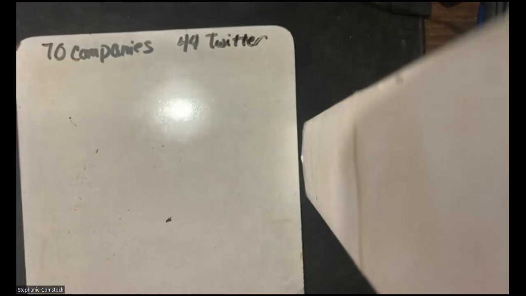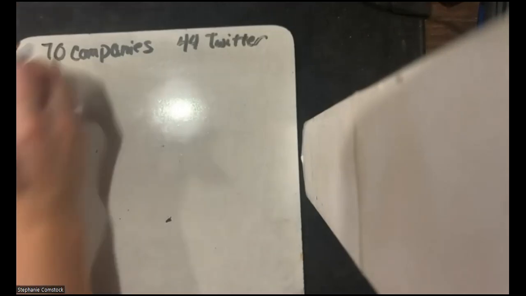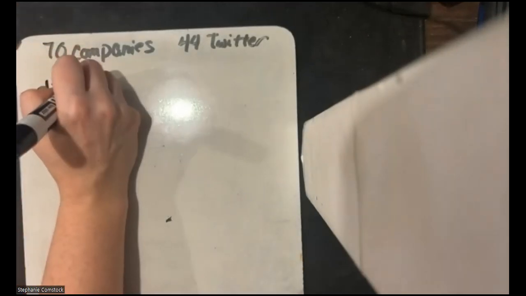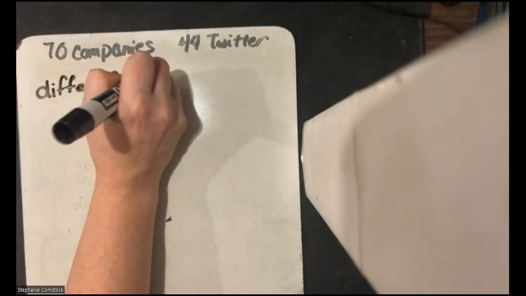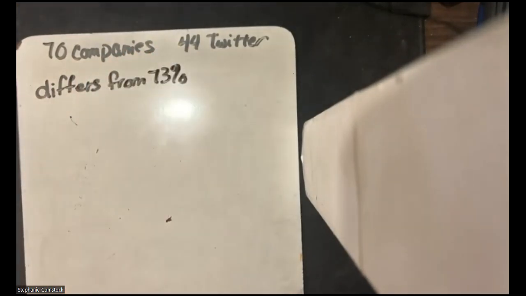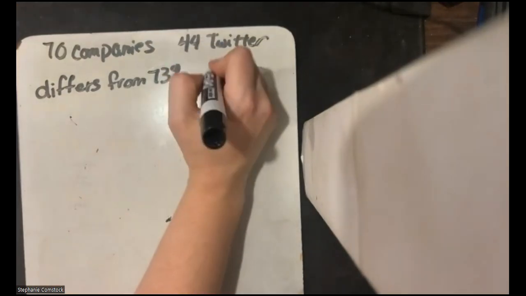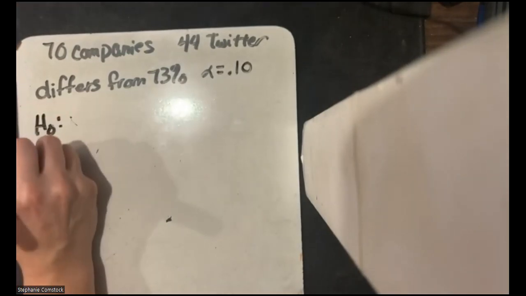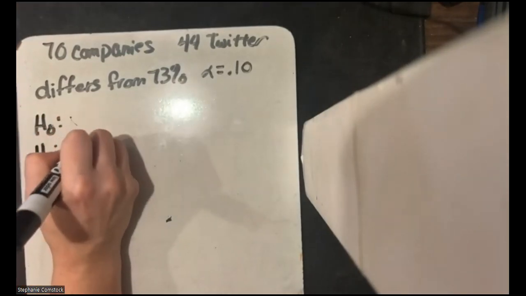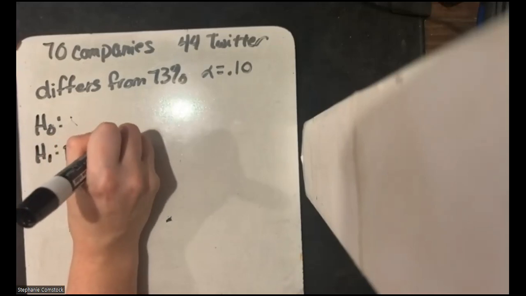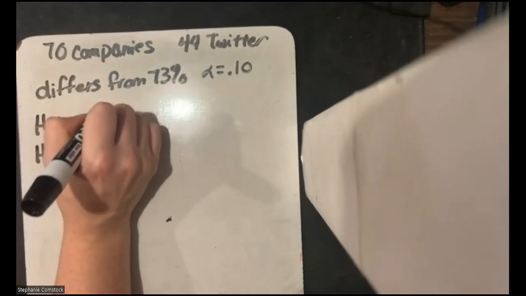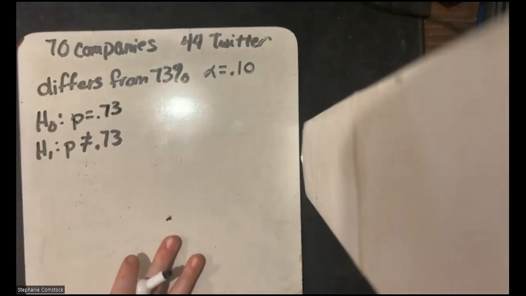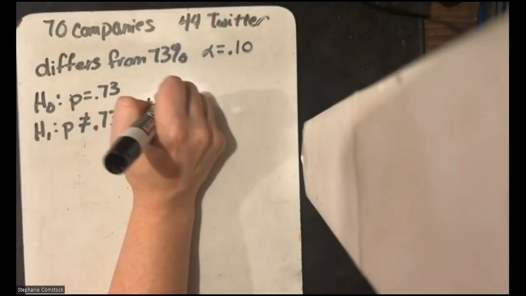Can she conclude that the percentage of technology companies that have Twitter differs? They said the word differs from 73%. When it says differs, they're not specifying whether it's higher or lower, just that it is something different. And we're going to use alpha is 0.10. So, setting up hypotheses, this is going to be not equal to 0.73 and equal to 0.73. Okay, so this is going to be two-tailed.